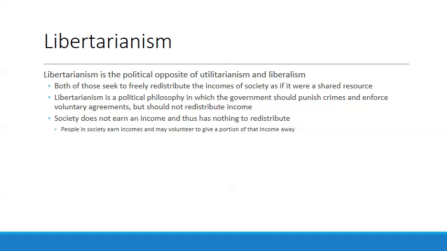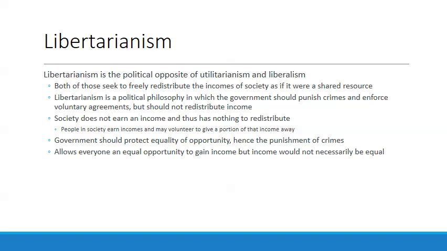Now they can volunteer to give a portion of that income away. And if they do volunteer to give a portion away, then they must do it, because if they fail to do so, then they're going to be punished. So government should protect equality of opportunity, hence the punishment of crimes. Everyone should have equal opportunity to gain access to the same opportunities. So everyone has this equal opportunity to gain income, but income itself is not necessarily equal.